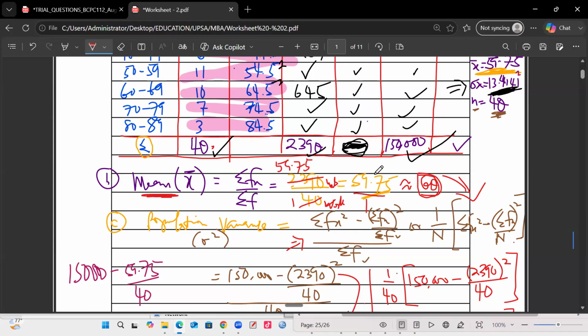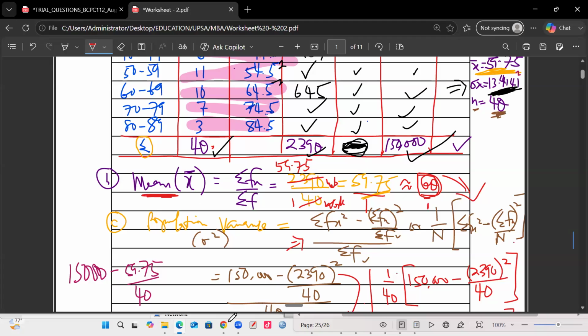It's a whole number. And I'm saying let's approximate it, so it will be 60 over 1. The one below is talking about the number of workers. In other words, every one worker produces on average 59.75, or every one worker produces on average 60 units per day. Do we get it?